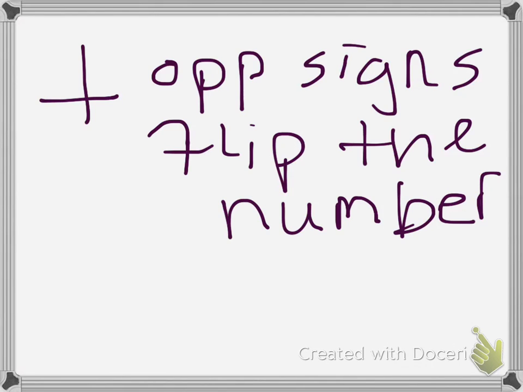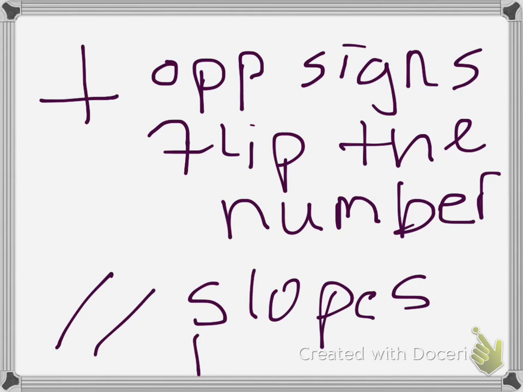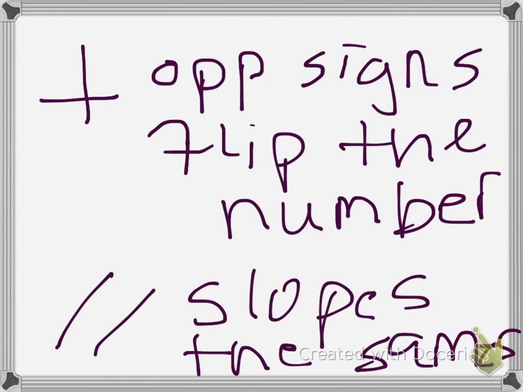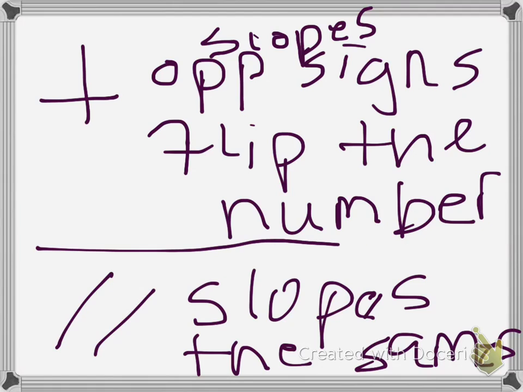That's the one you have to remember. And if it's parallel, slopes are the same. If the slopes fit neither one of these rules, then you say it's neither parallel nor perpendicular.